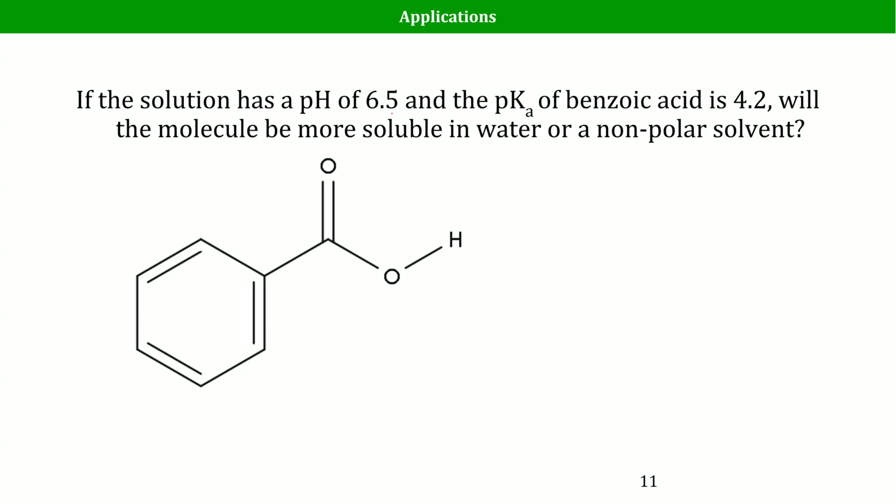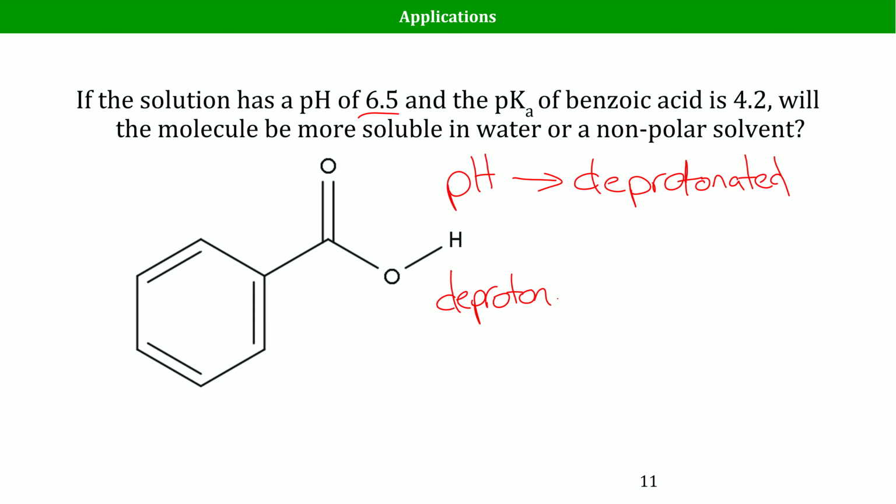So 6.5 compared to 4.2, so it's more deprotonated. So the pH tells us it's deprotonated. The fact that it's deprotonated and a carboxylic acid tells us it's ionized.